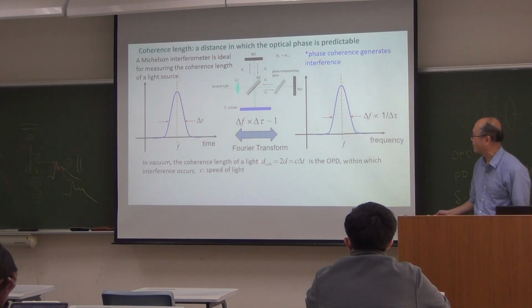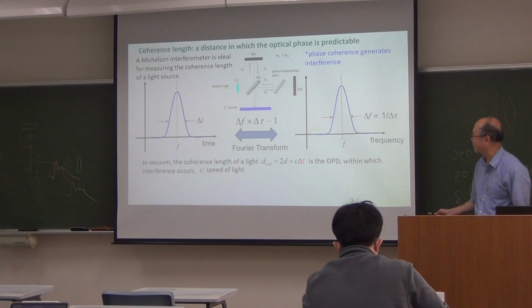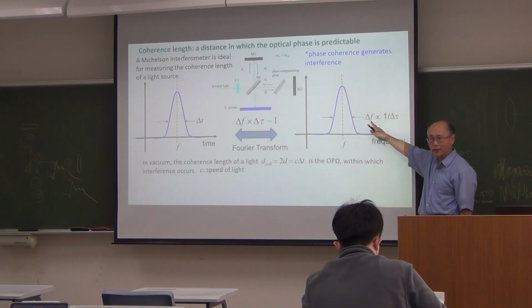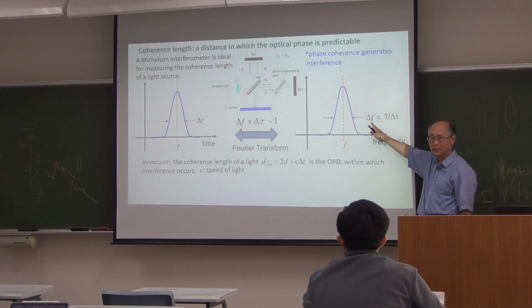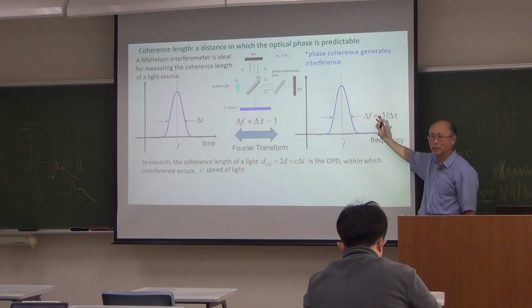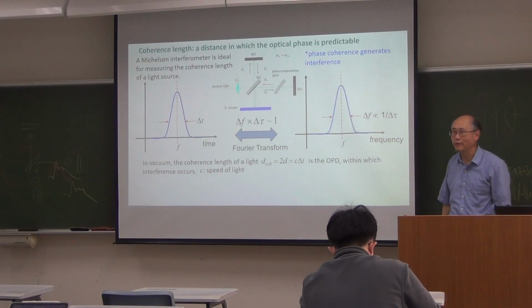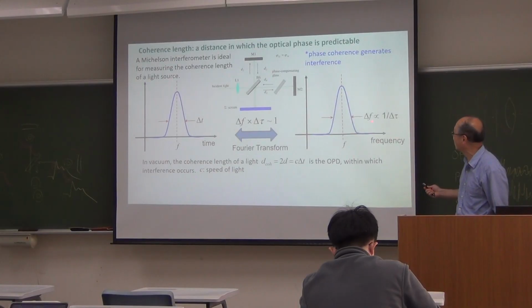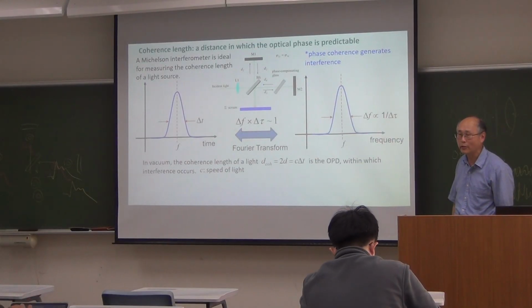And then from this coherent length, the spatial length, you can deduce the temporal coherent length. And then from this temporal coherent length, you can deduce the spectral line width of your light source. So this is how you define the coherence of a light source, or the temporal coherence of a light source.